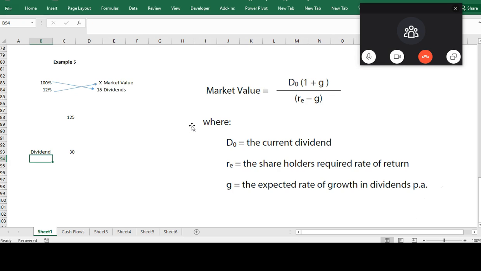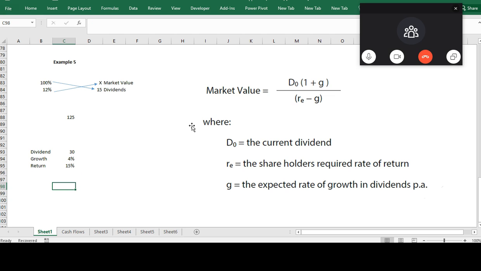Then I would want to know the dividend growth. What's the percentage? Then I would want to know the return.